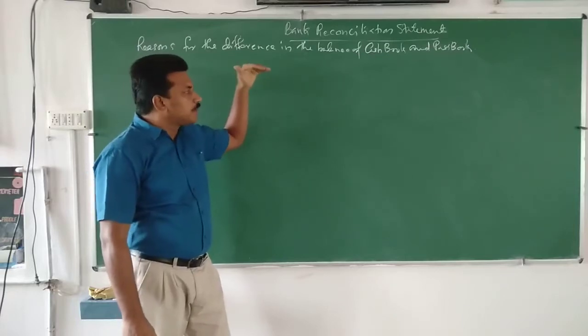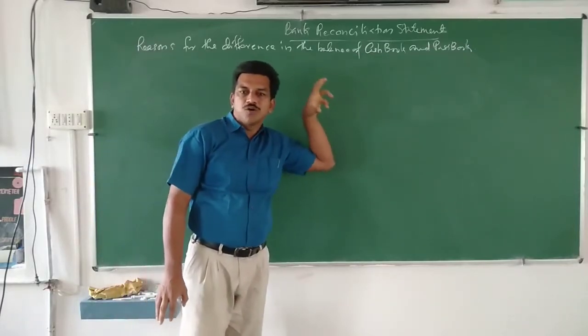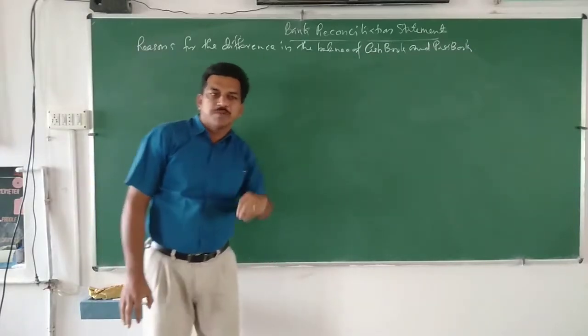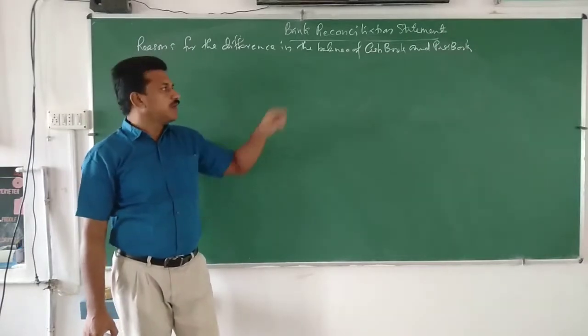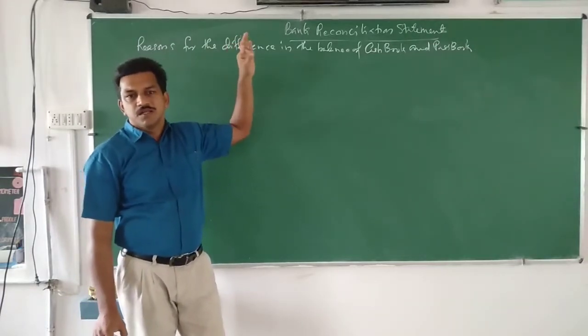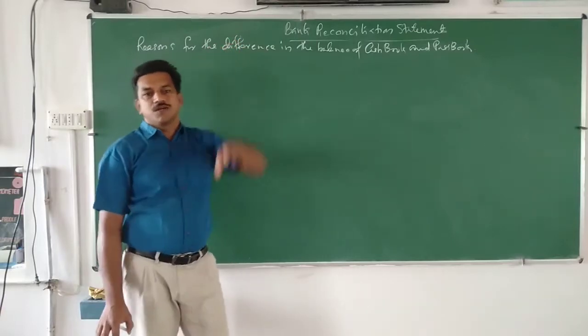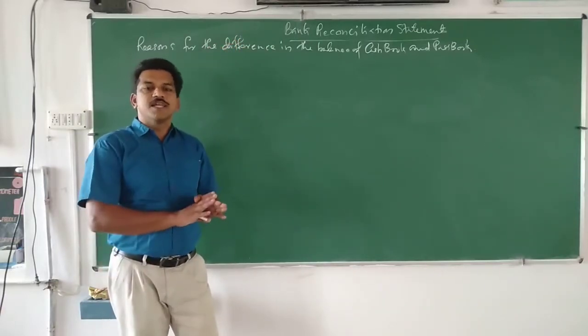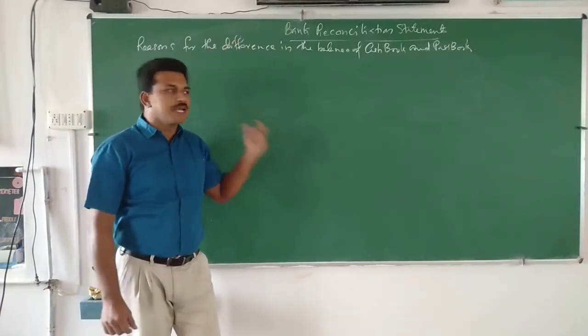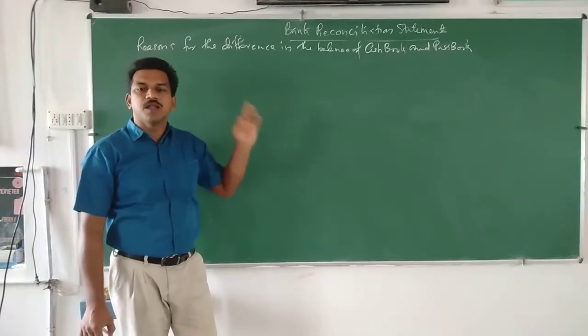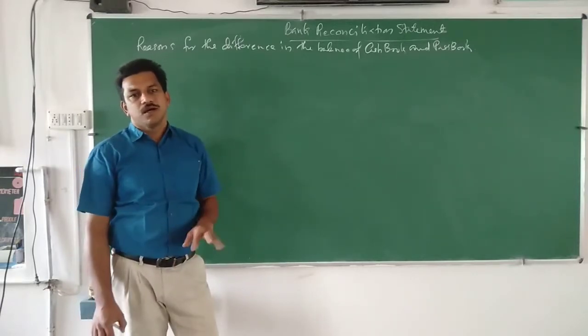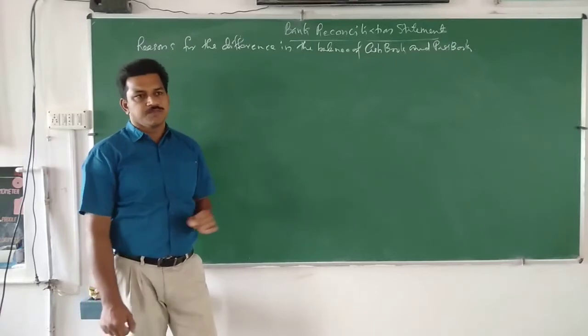That means the cash book, we have told, is the bank column of the cash book which is maintained by us or the businessman, and passbook is the copy of bank account. So there are reasons for disagreement or difference in the balance shown in both the accounts on a particular day.